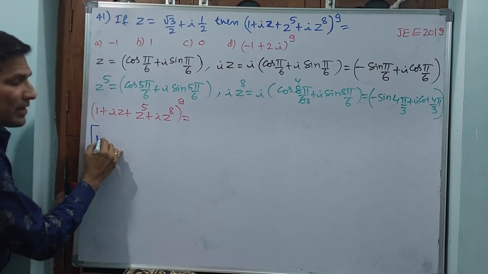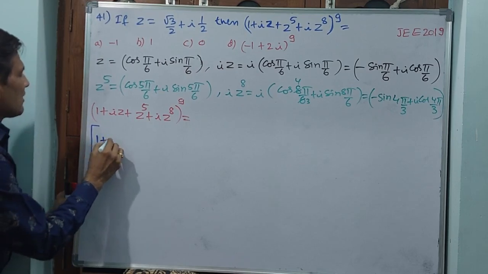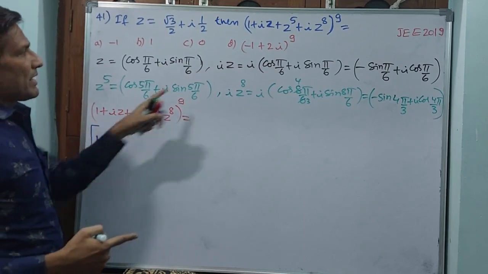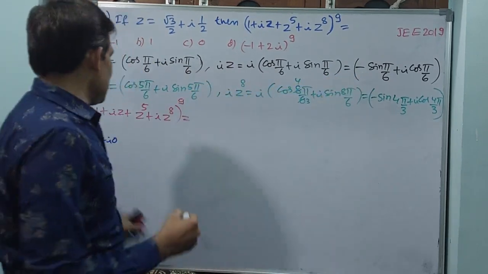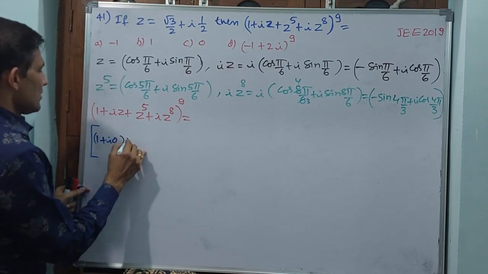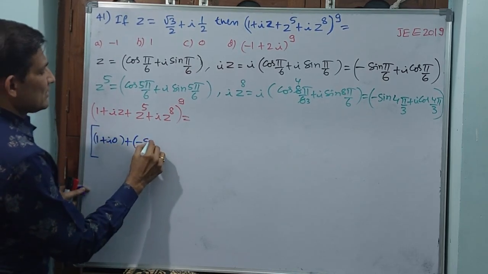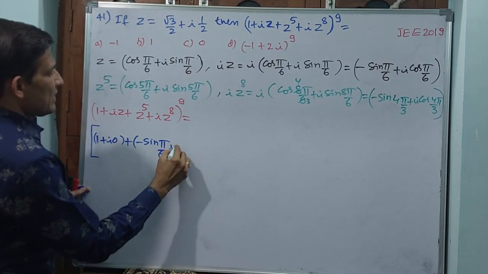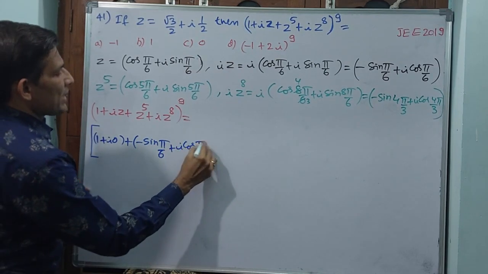1 means only real part, or else we can write 1 plus i0, plus iz is there, but iz you are having minus, so directly you write minus sin pi by 6 plus i cos pi by 6.